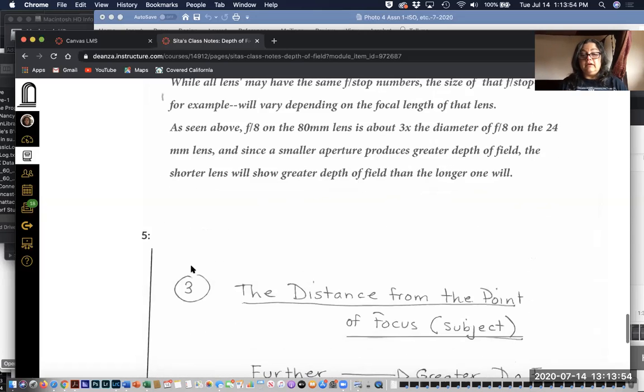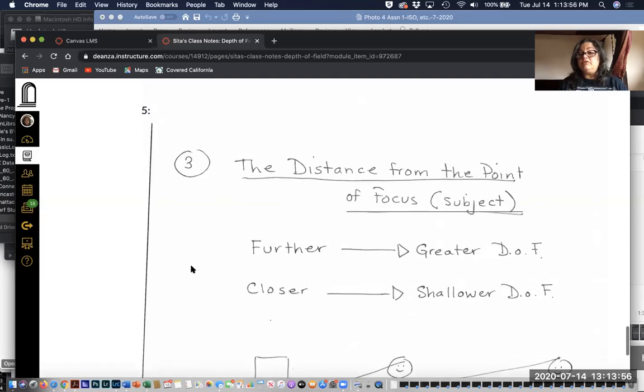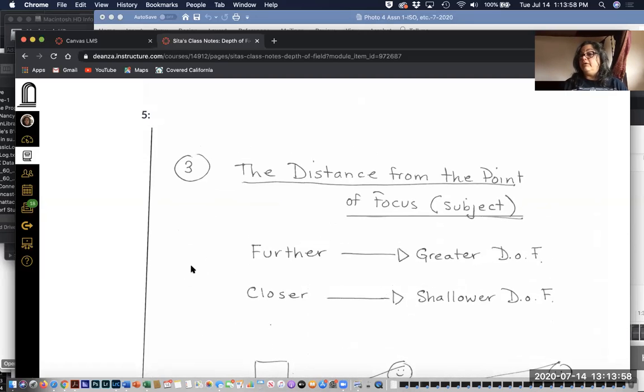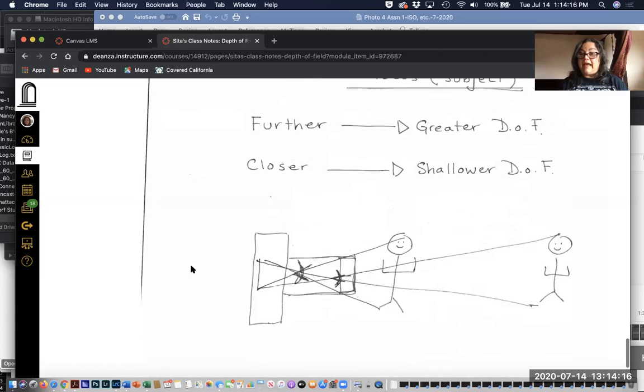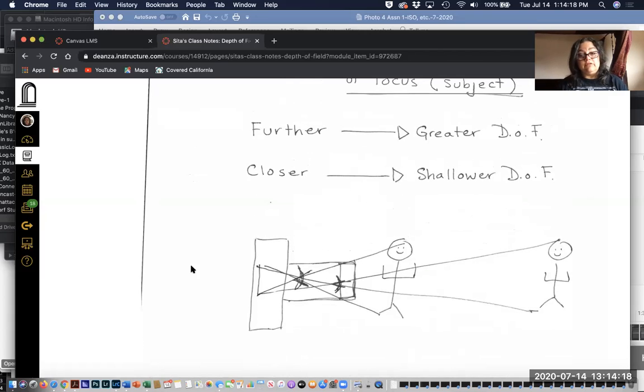The third thing is the distance from your subject, or the point of focus, the point at which you have focused. And the further you are from your point of focus, the greater the depth of field will be. And the closer you are to the subject or point of focus, the shallower the depth of field will be. That is because of the angle at which the light enters the frame.